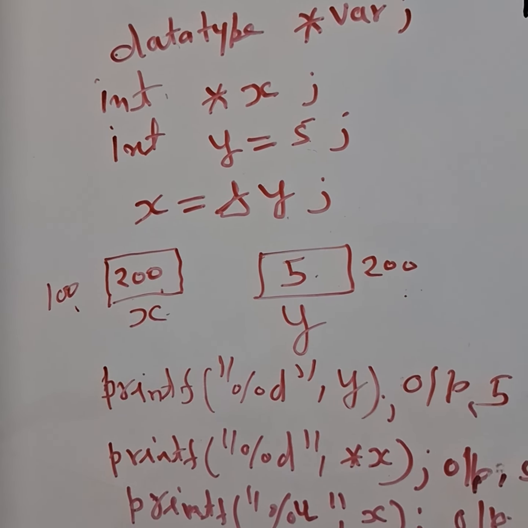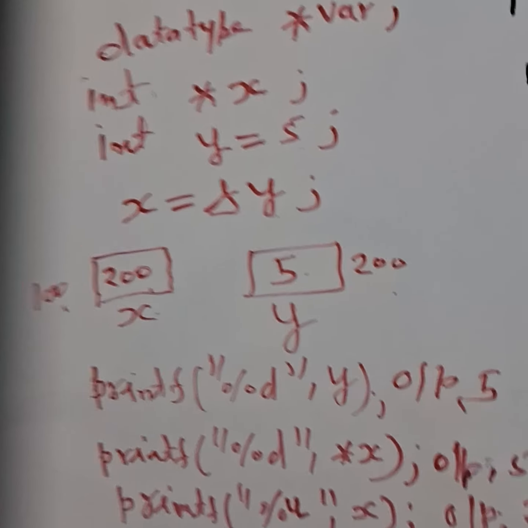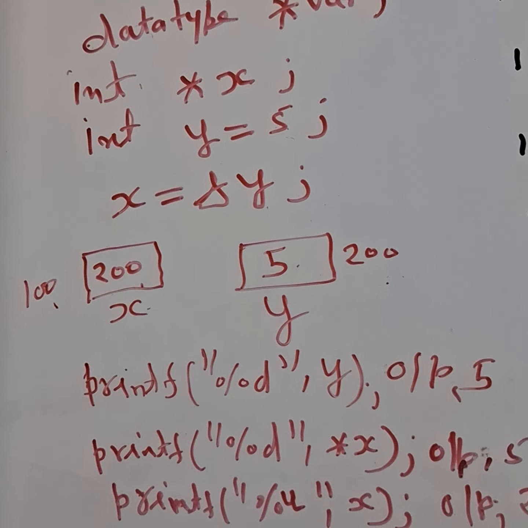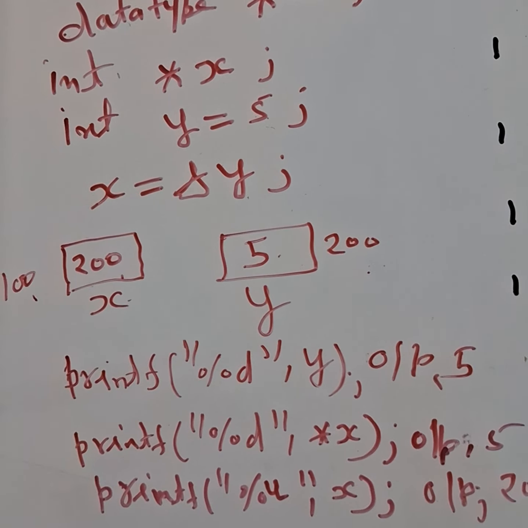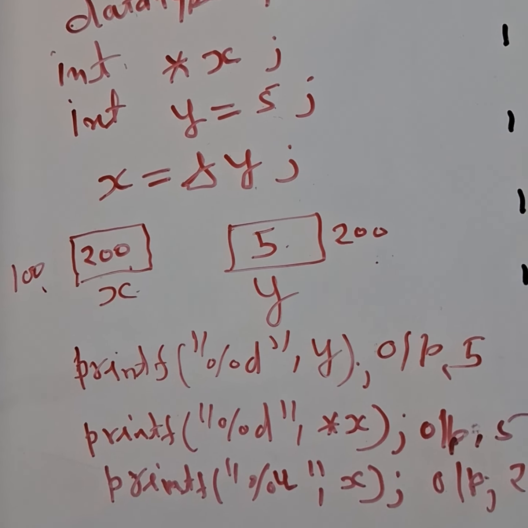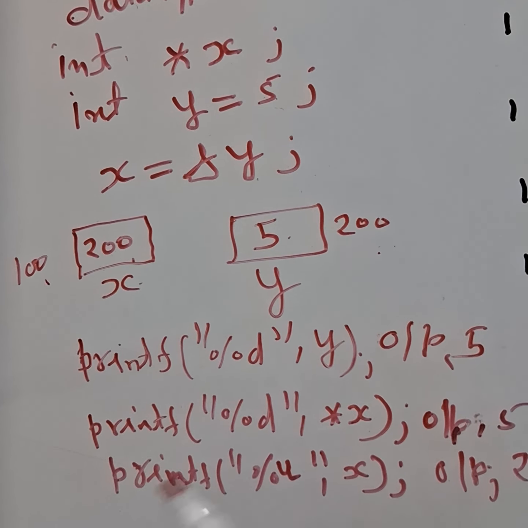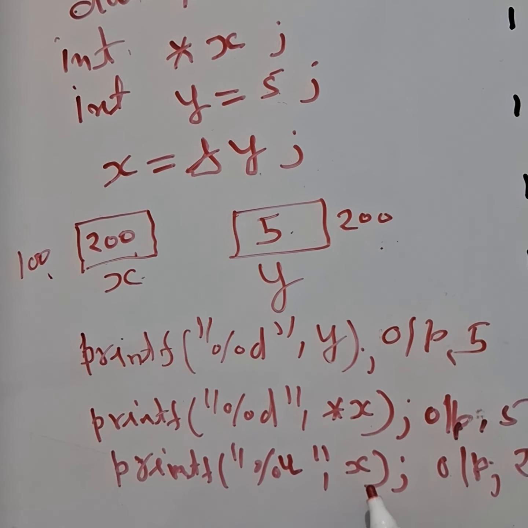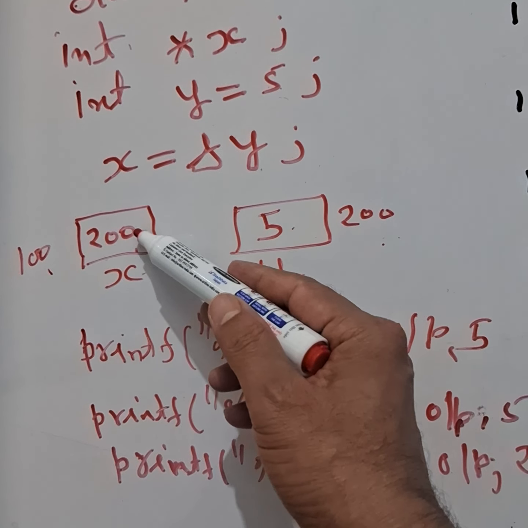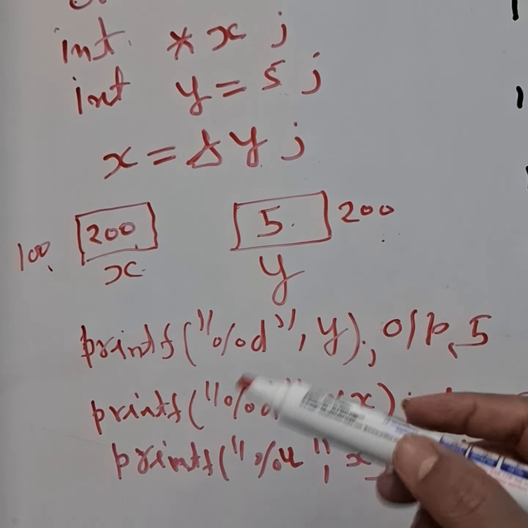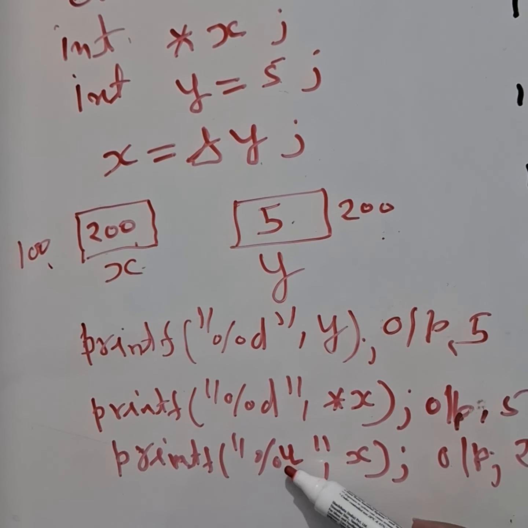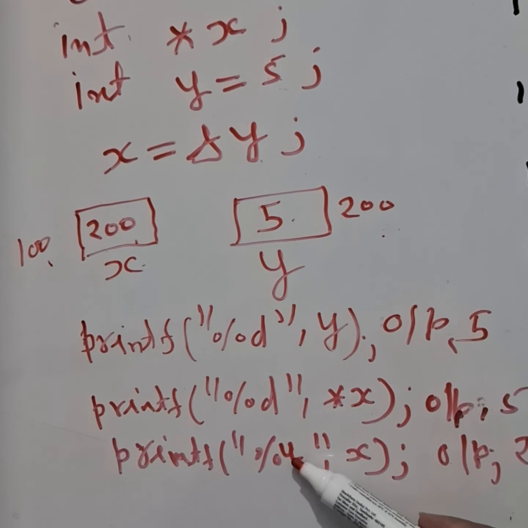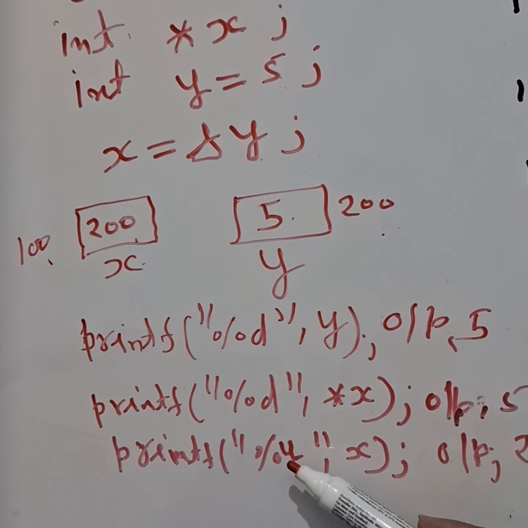Now the third statement: suppose we are trying to print the value of x. Here the value of x is 200, which is actually the memory location. To print a memory location in C, we use the specifier percentage u, because it will always be a positive number.